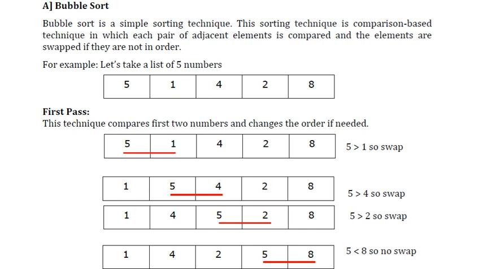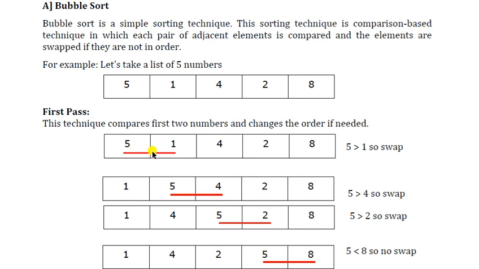In the first iteration, this technique compares the first 2 numbers and changes the order if needed. So here 5 and 1. 5 is greater than 1, so it's swapped because as we have to sort it in ascending order, all the smaller numbers will be on the left and the bigger numbers will be on the right.